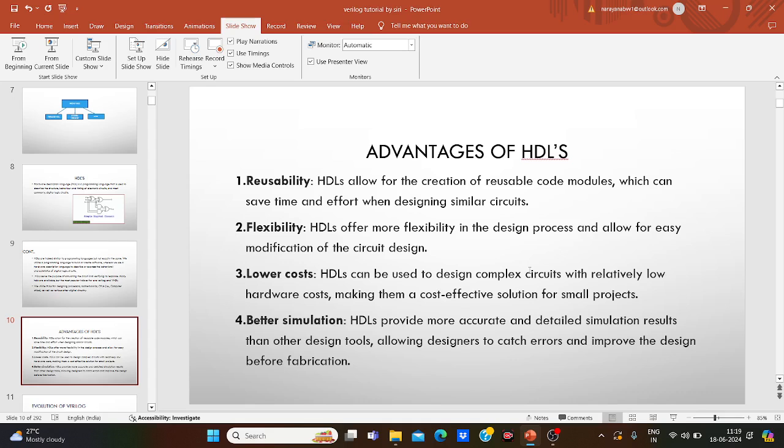Did you get my point? So reusability is nothing but using the entire code and adding some features to it. So that comes under reusability.